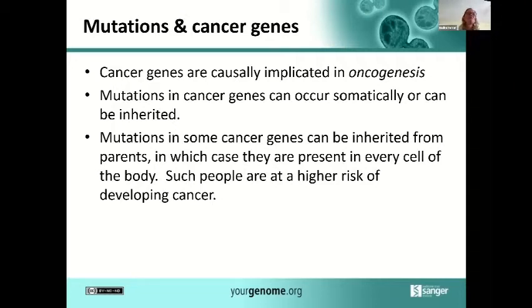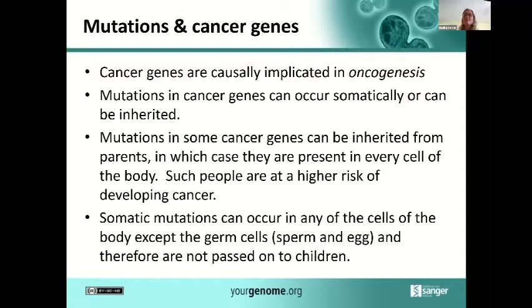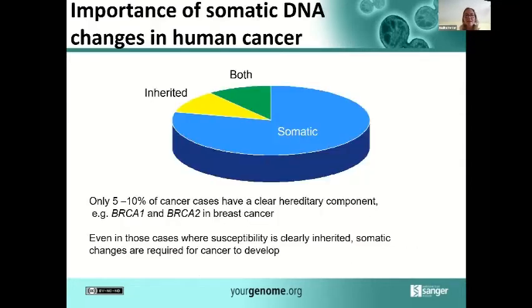It doesn't mean you definitely will get cancer, it just increases your risk a little bit. Somatic mutations are ones that happen throughout your lifetime. So these ones you don't pass on to your children because they happen in your body cells. So this picture here gives you an idea of the main causes of cancer are somatic. There's very few that are inherited. There's some which are a bit of both.